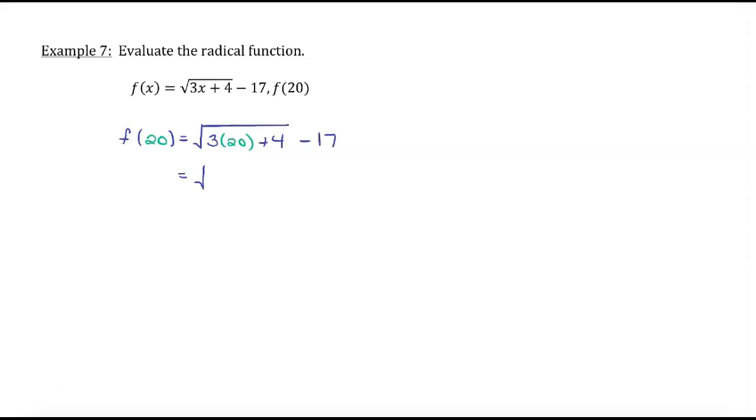Simplifying, we have the square root of 3 times 20, or 60, plus 4, minus 17, or the square root of 64 minus 17. And since the square root of 64 is 8, this simplifies to negative 9. So f of 20 is equal to negative 9.